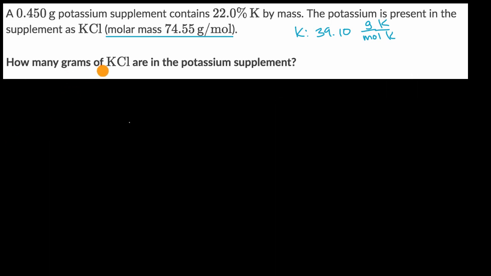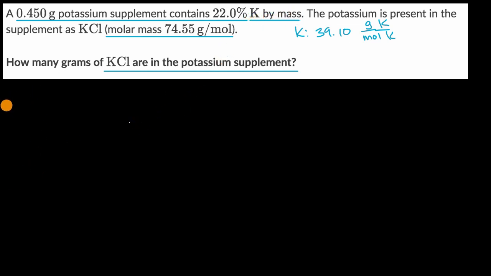And so how do we think about how many grams of potassium chloride are in the potassium supplement? Well, what I could do is say, all right, what's the total mass of my supplement, and multiply it by 22% to figure out the mass of potassium I have.